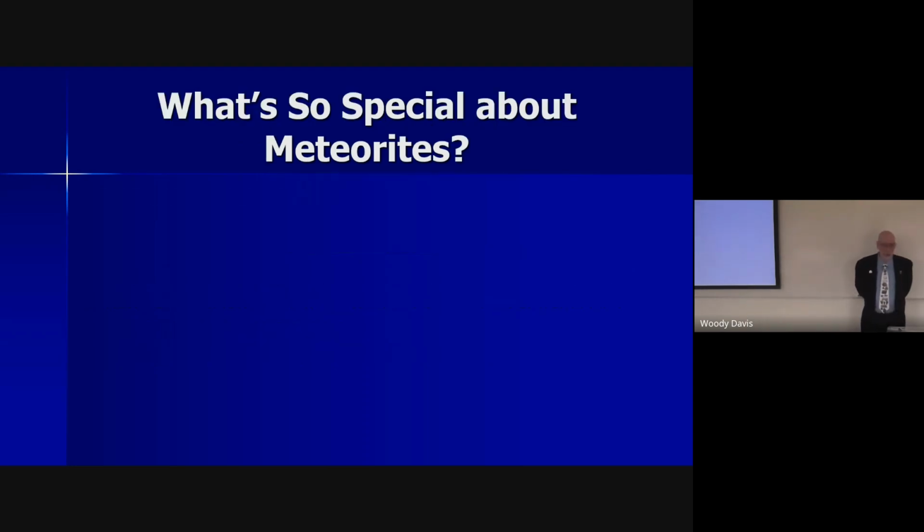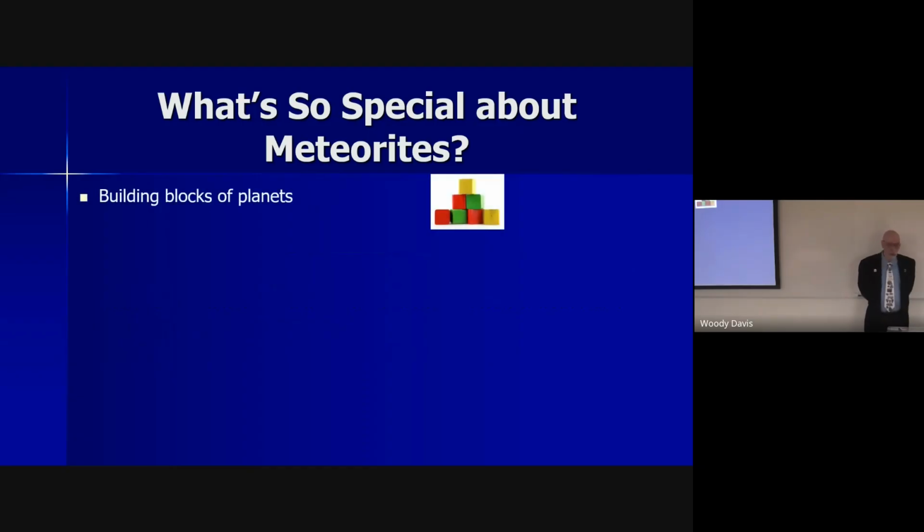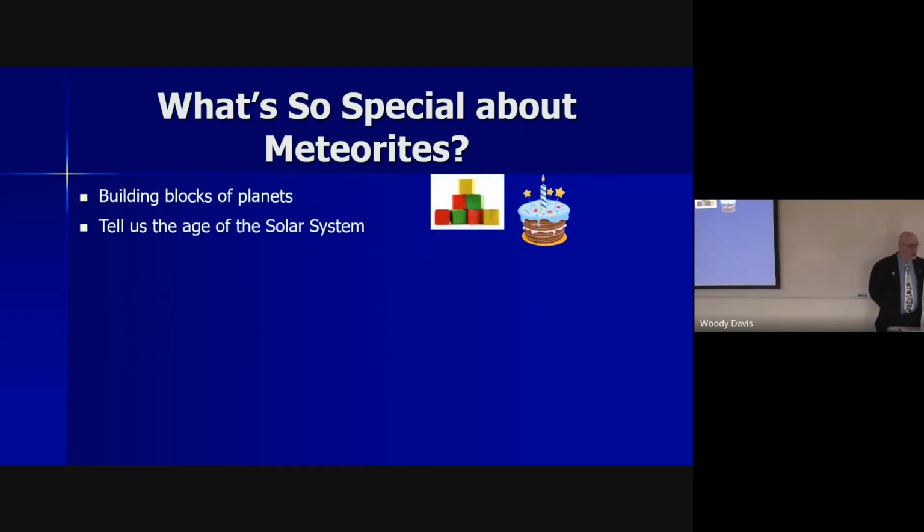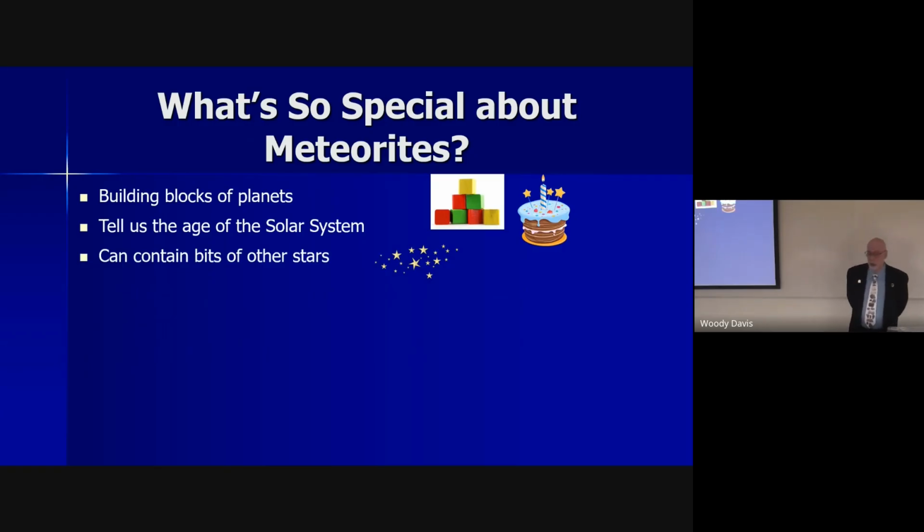So what's so special about meteorites? Well, they're the building blocks of planets. They tell us the age of the solar system. They can contain bits of other stars. The Allende meteorite, a carbonaceous chondrite, contains nanodiamonds, which are believed to have formed in supernova explosions from stars that lived and died long before our sun was born.